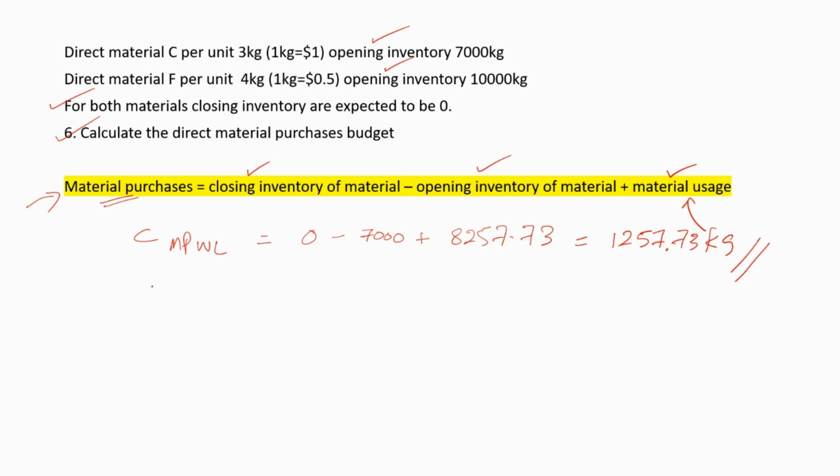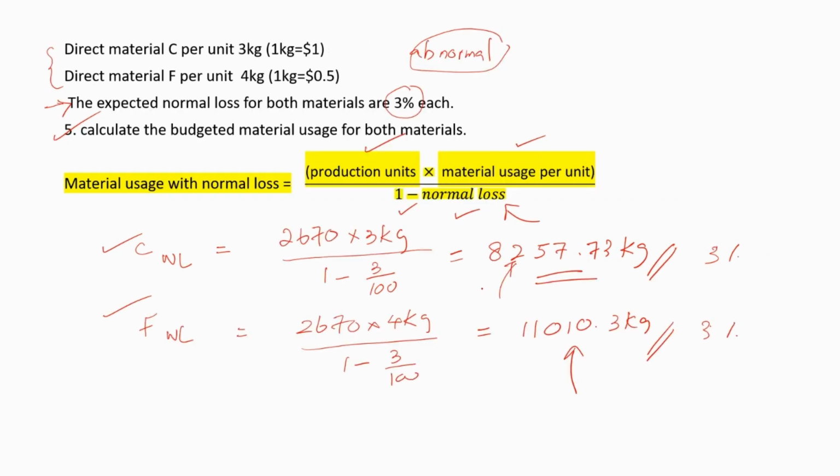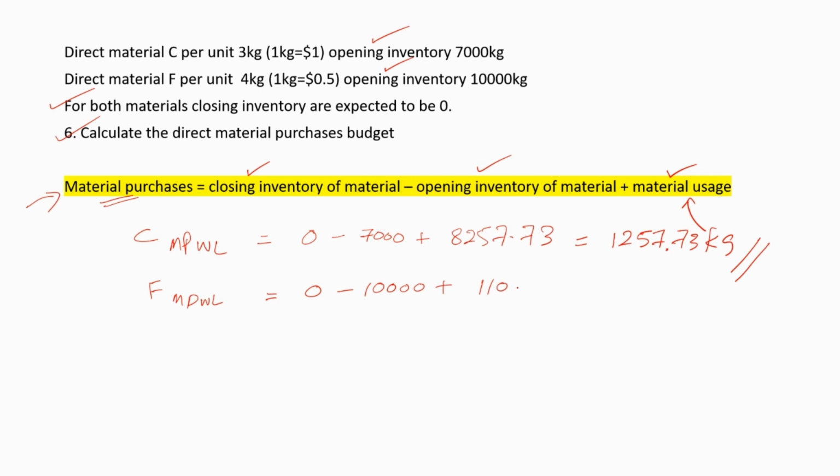Now let's calculate the material purchases for material F. Material purchase with loss is equal to 0 minus 10,000 plus 11,010.3. So in the next year, the company has to buy 1010.3 kilograms of material F for the production.